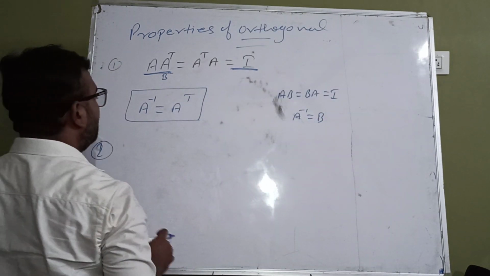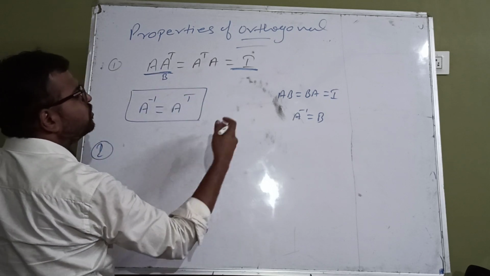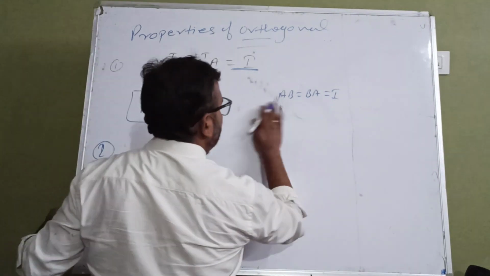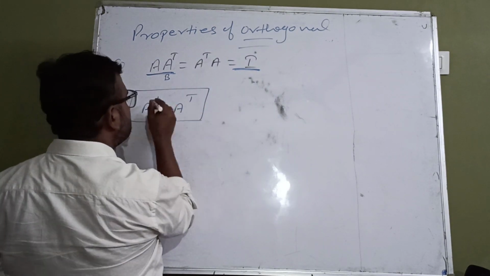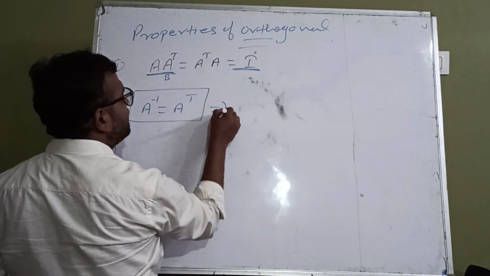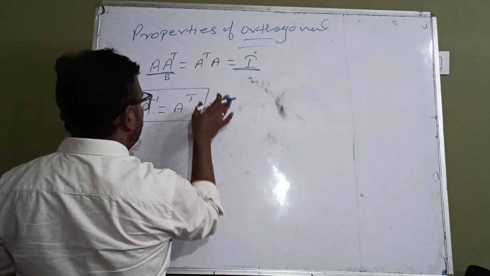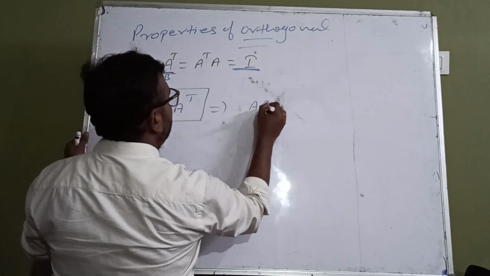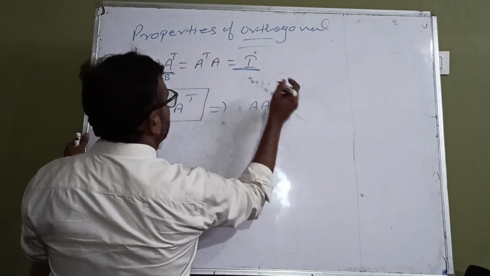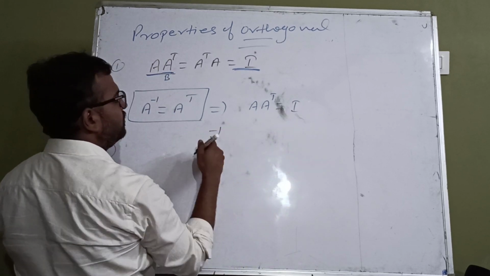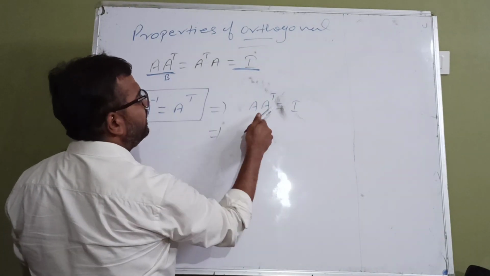Second point. Actually, this statement can also be proved in another way. How can this be proved here? This is the logic; we have taken the concept of the invertible matrix. This can also be proved like this. We take A into A transpose equals I. Because A is which kind of matrix? Invertible.